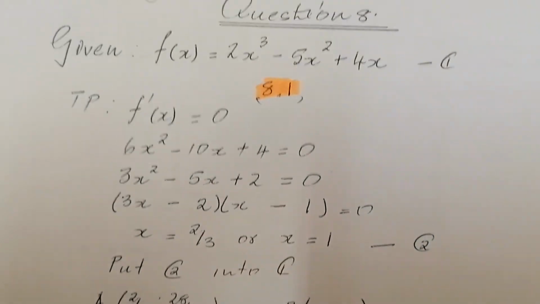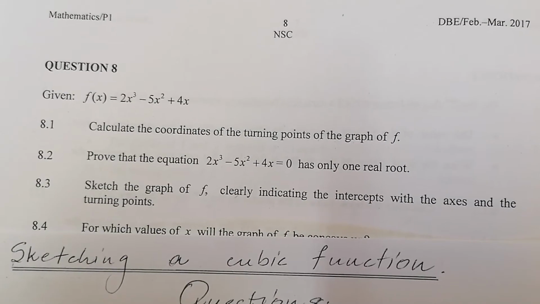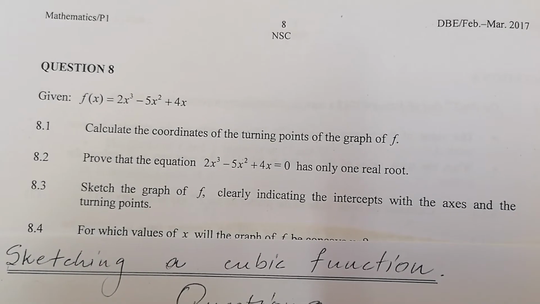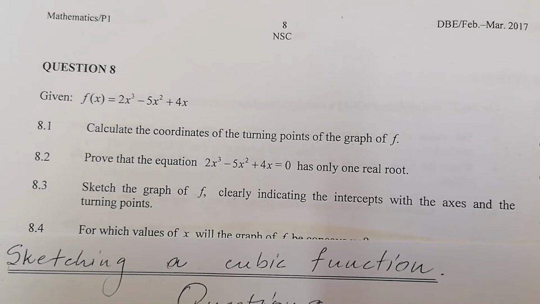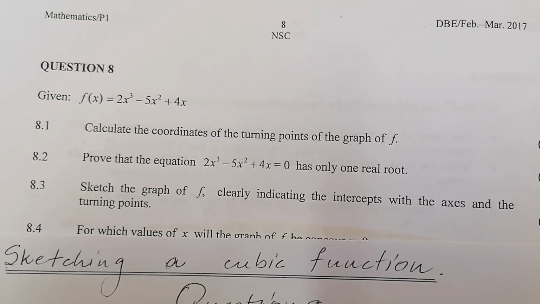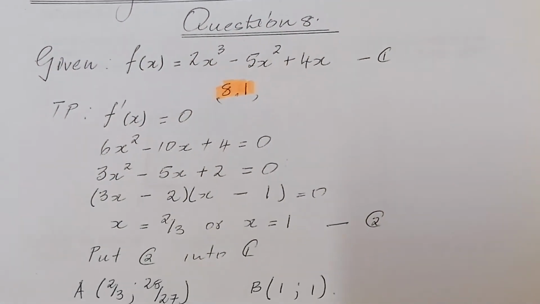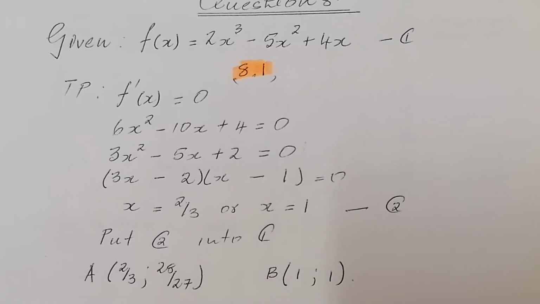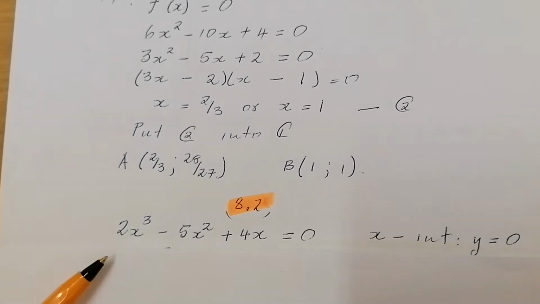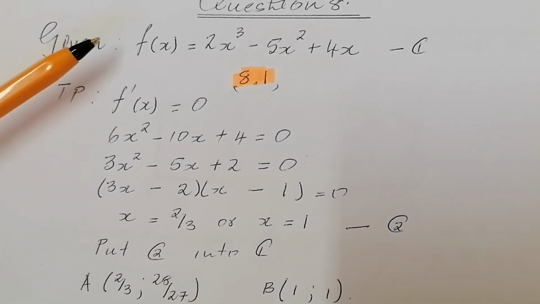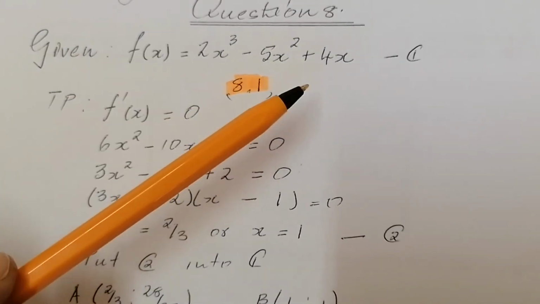Okay, let's move on to the next question, my friends. The next question says, prove that the equation 2x cubed minus 5x squared plus 4x equals 0 has only one root. Now, how do we do that? First of all, if they are talking about the roots, it means they are talking about the factors. They gave us f of x, which is 2x cubed minus 5x squared plus 4x.